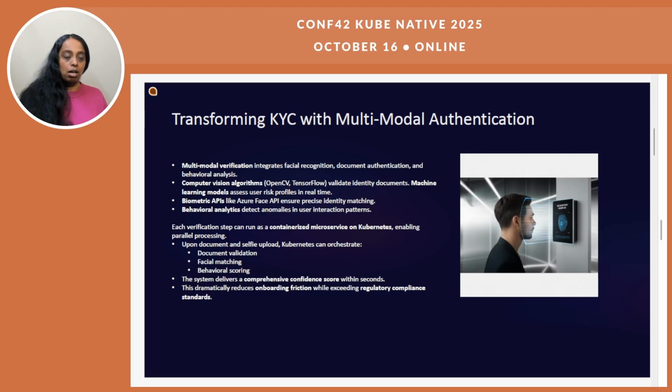Each verification component runs as an independent containerized microservice on Kubernetes, enabling truly parallel processing of identity verification steps.